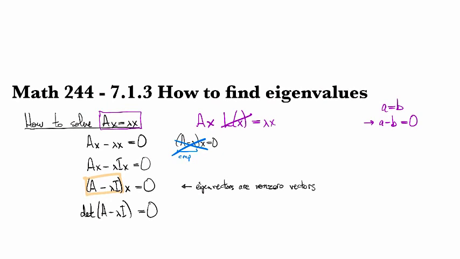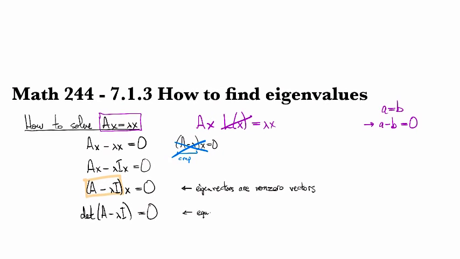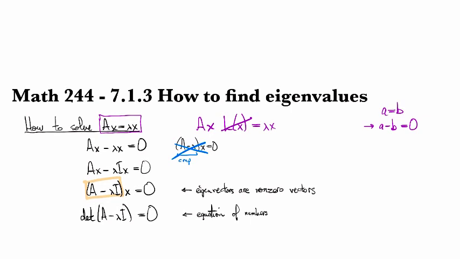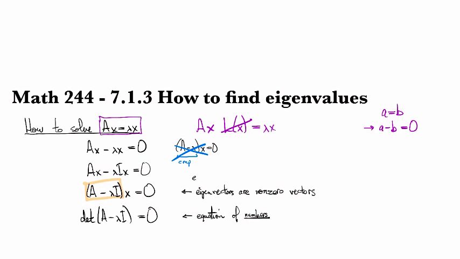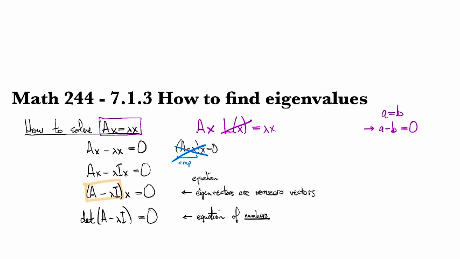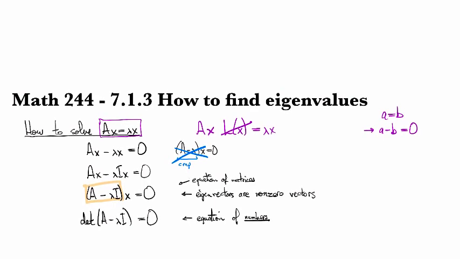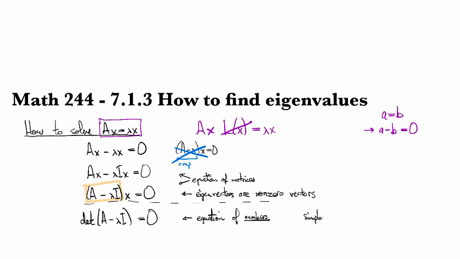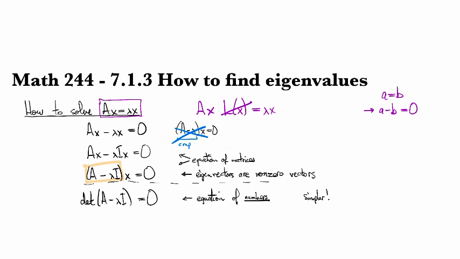Okay, so now I have an equation of numbers, as opposed to the previous step where I had an equation of matrices, like a whole system of equations, which is much more difficult. So all of a sudden, things just got simpler. And that's the beauty of determinants. That's more or less the whole reason why we talk about determinants in this class.